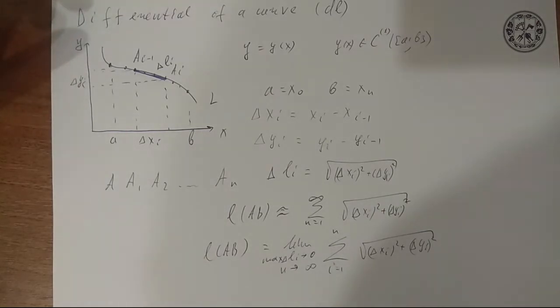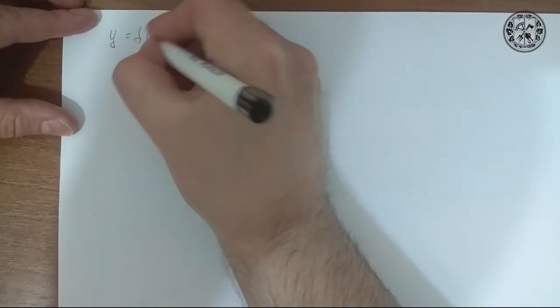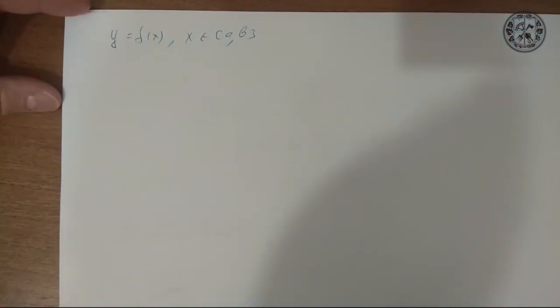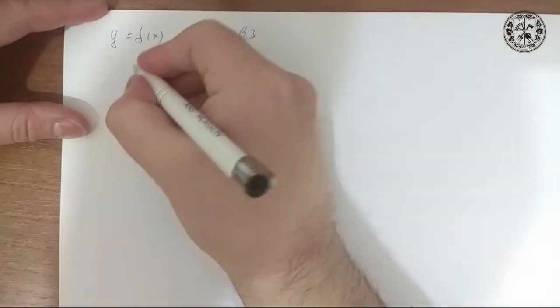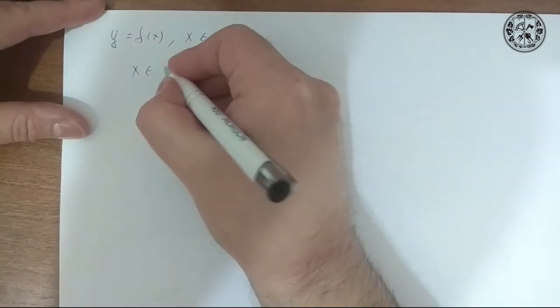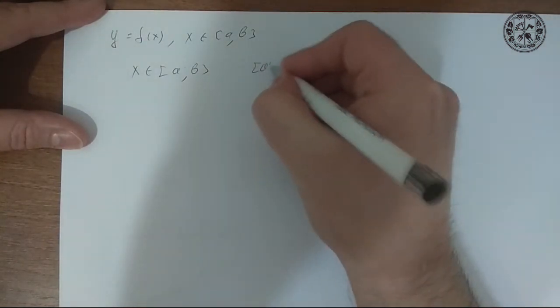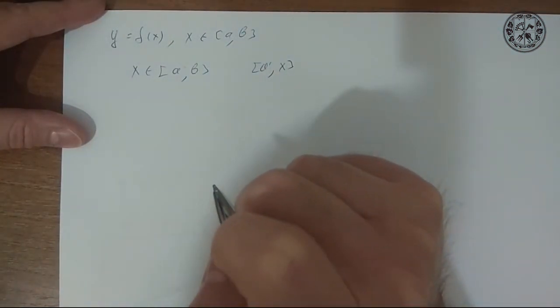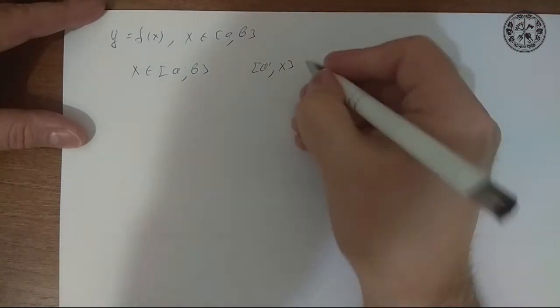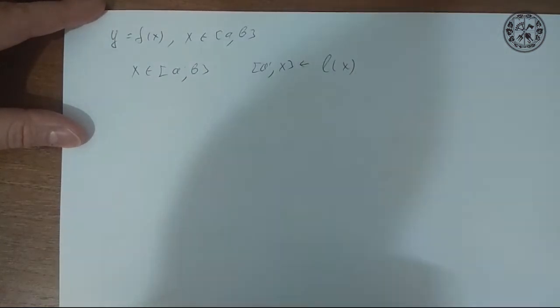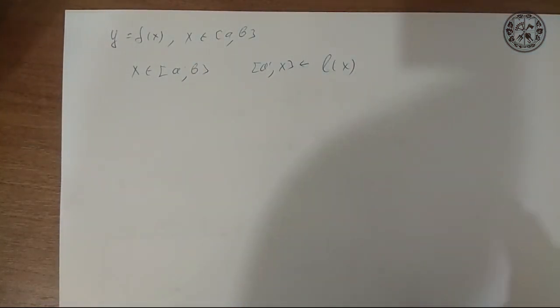From here we will transform it into every other form. Let us have y equals f of x, where x is in the interval ab, and we take an arbitrary x that lies inside AB and consider the interval ax, and inside this interval length L will be L of x, not a constant but some variable.